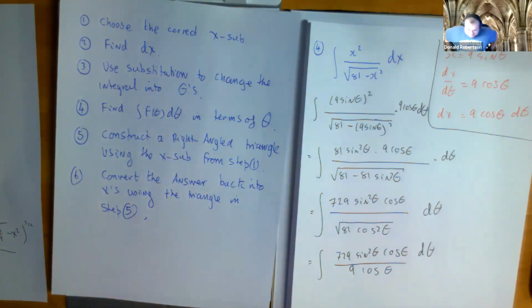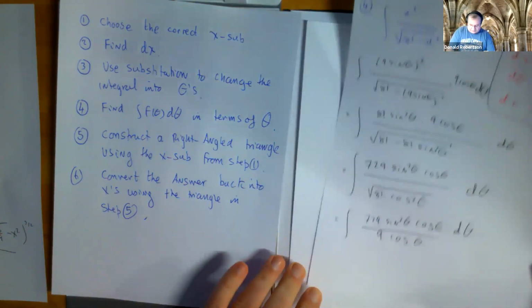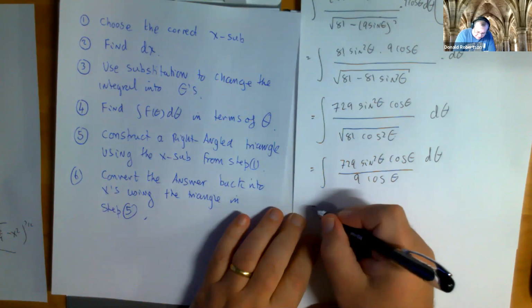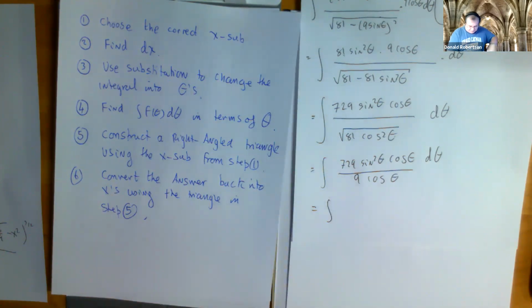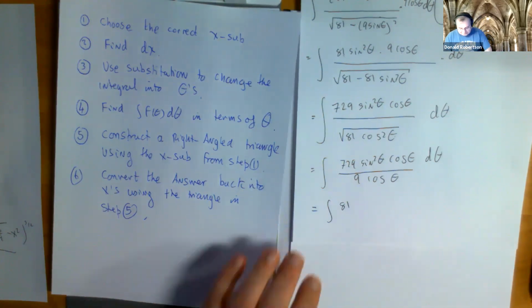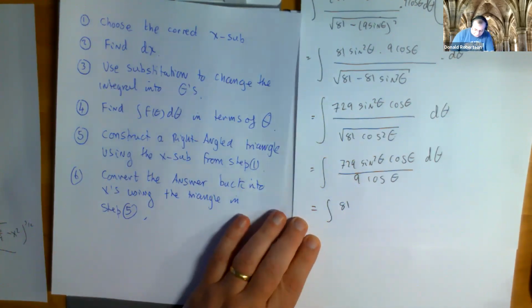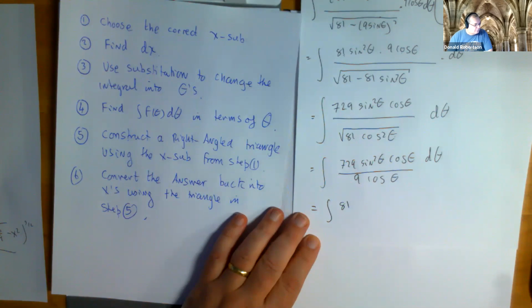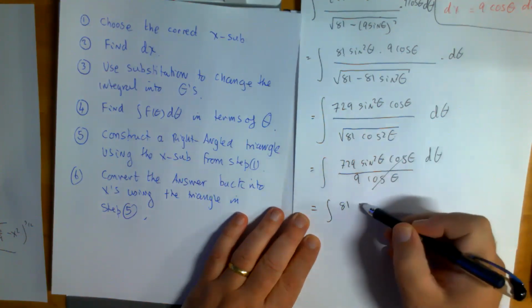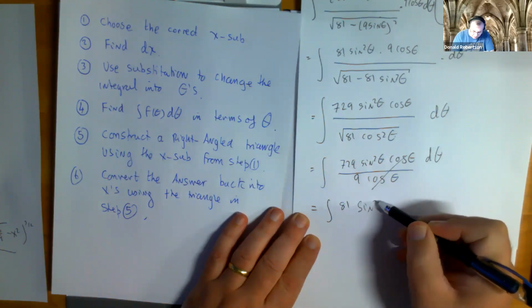Now, cancel. I'll do the number one. 729 divided by 9, I think is 81, and it is. Good. Anything else I can cancel here? Cosine? And we are now left with that.